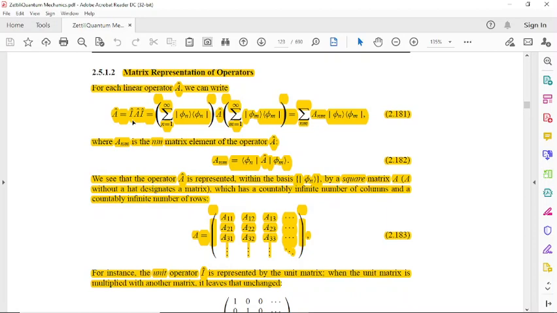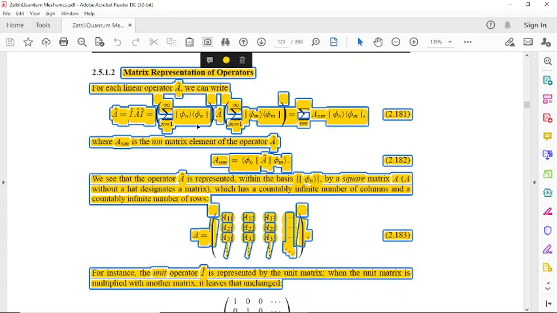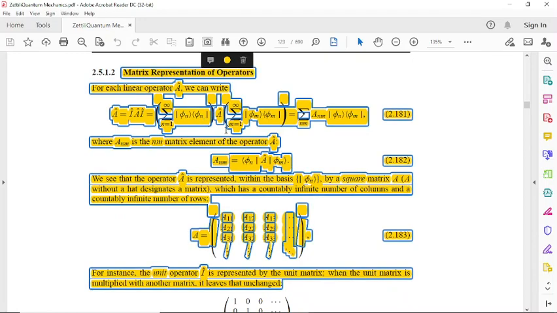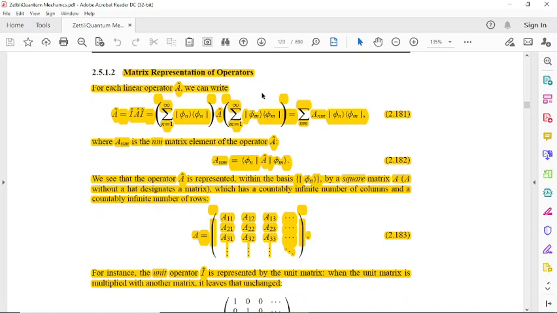So we have already seen from the completeness relation that I is the unity operator and we can express it using ket phi n and bra phi n. So finally we can write this equation, and you see that in the middle, bracket phi n A ket phi m, that becomes a_nm.